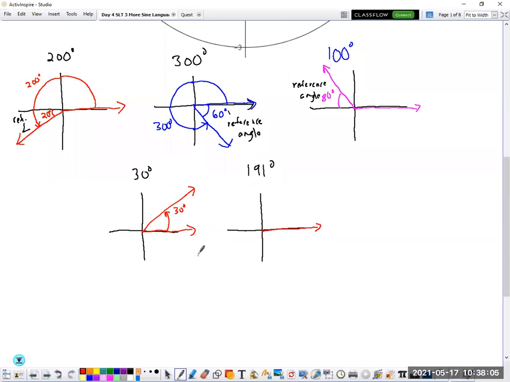Catherine, are you there? Okay, I have a question. Is 30 degrees an acute angle? Yeah. Can I draw a triangle with a 30-degree angle in it? Yes.